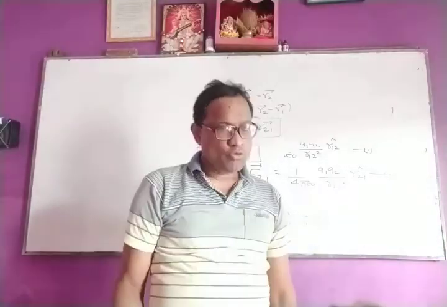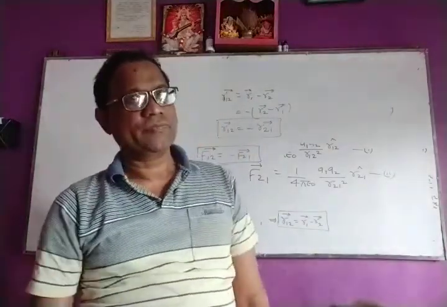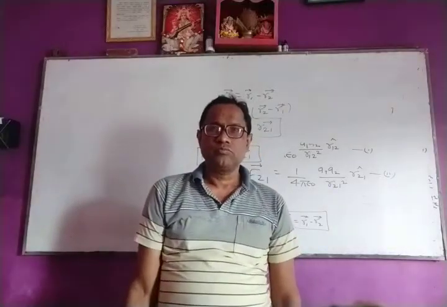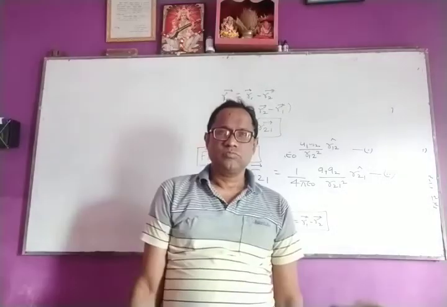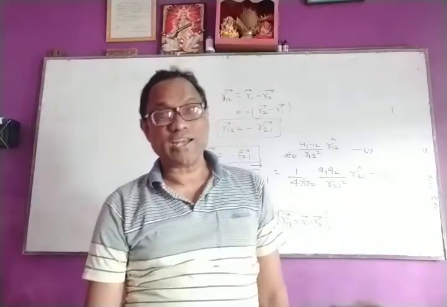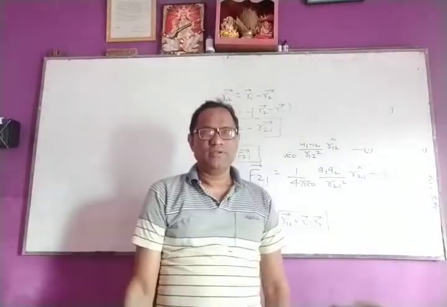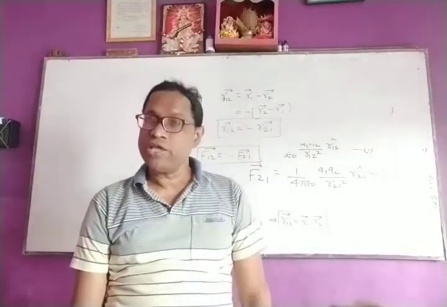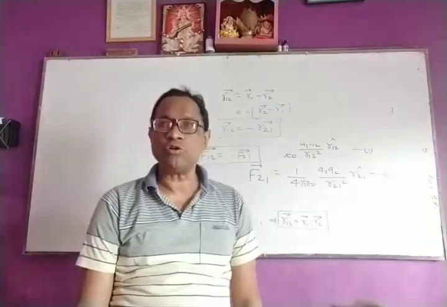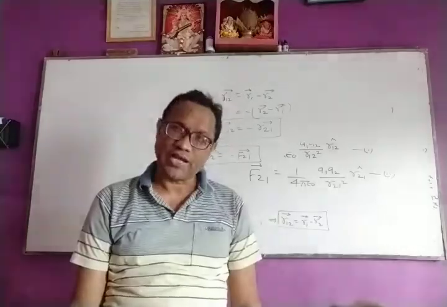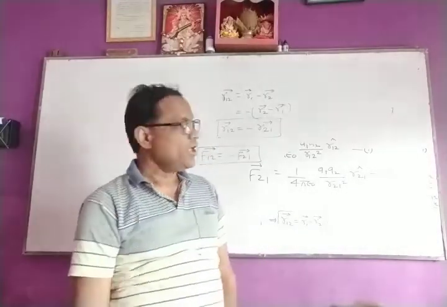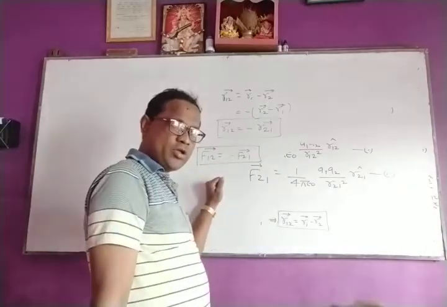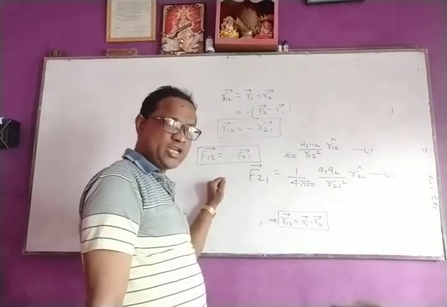So thus Coulomb's law agrees with Newton's third law. What is the statement of Newton's third law? To every action there is an equal and opposite reaction. It is possible if both forces have the same magnitude but in opposite direction. If we strike the hand on the board with a force of 10 newton, then the board also exerts a force of 10 newton.